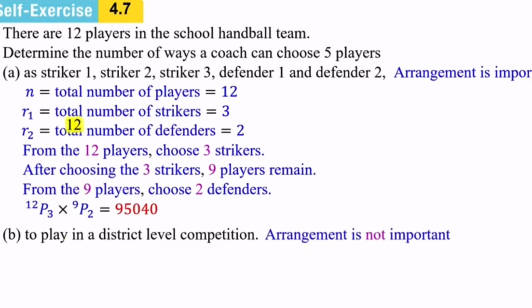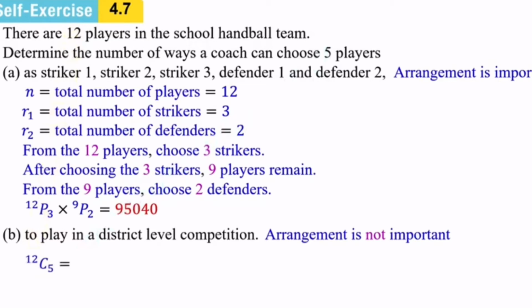So in this case, it's a combination because the question never highlights the order of selection of the players. So we take 12, we choose 5 as a team to represent the school. So this is a combination.